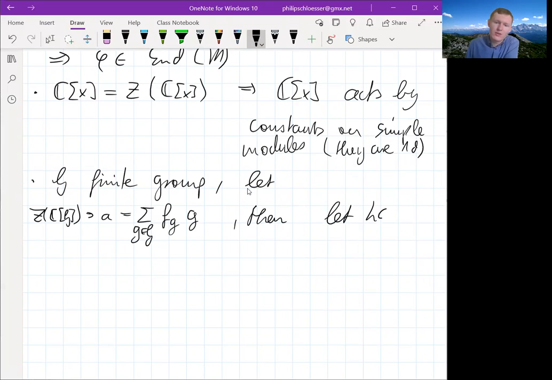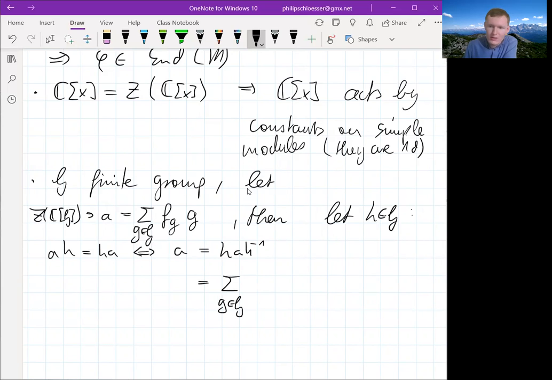So if we want Ah equal to hA, this is the same as having A being equal to hAh inverse, so we just have to conjugate with h, which means that we can pull out the coefficient, and then we have hgh inverse.